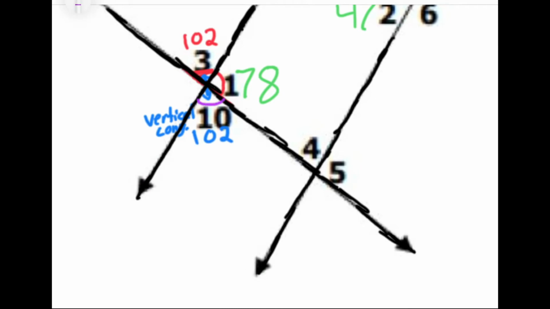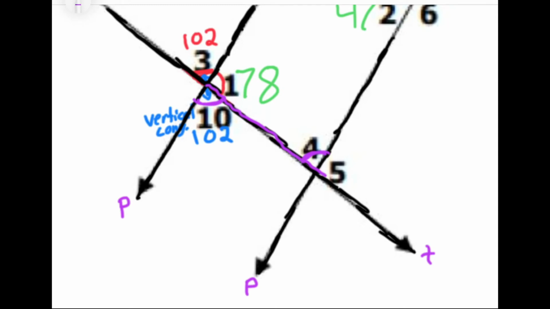If I wanted to compare angle 10 and angle 4, remembering that my parallel lines are here and my transversal is cutting through them, are those two angles, angle 10 and angle 4, inside of the parallel lines? Yes. Now, are they on the same side of the transversal or on alternate sides of the transversal? They're on alternate sides.